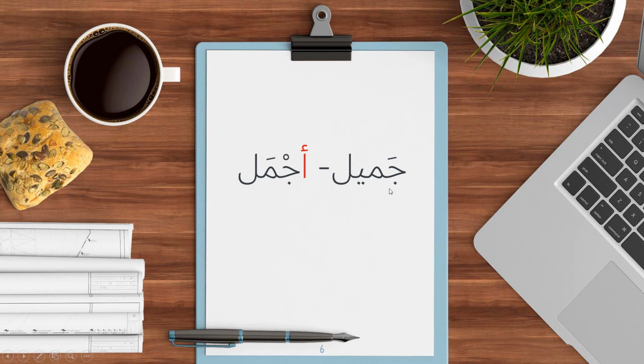So we have جميل, which is beautiful, and أجمل, prettier. Now, الأجمل, it means prettiest. Okay? So that's what we will do. We will delete the ya from the adjective, add the alif in the beginning, and then we will put sukoon on the second letter. We will keep all the letters the same as the adjective. We are keeping the jim, keeping the mim, keeping the lam, and we are just adding the alif.